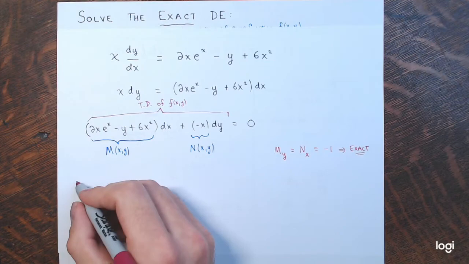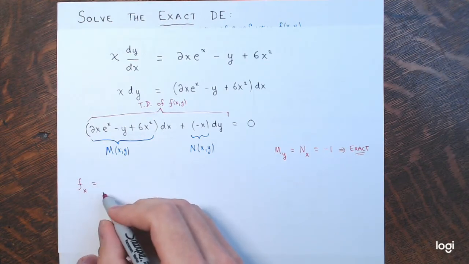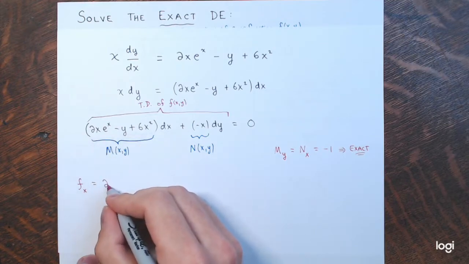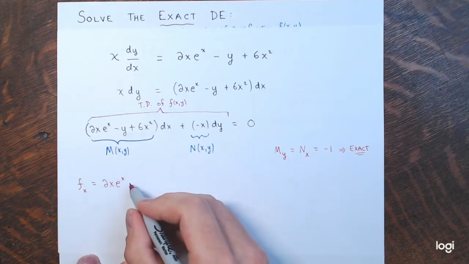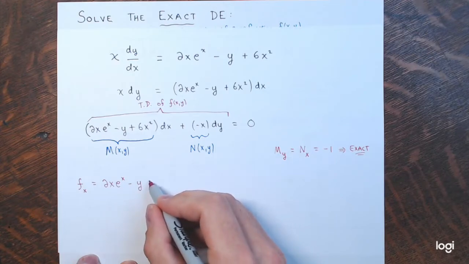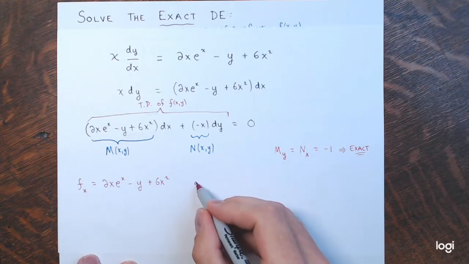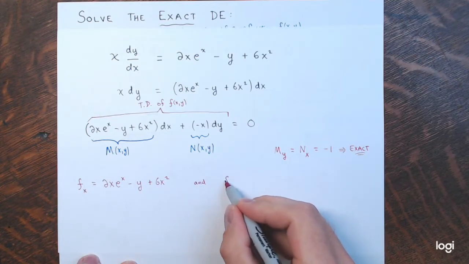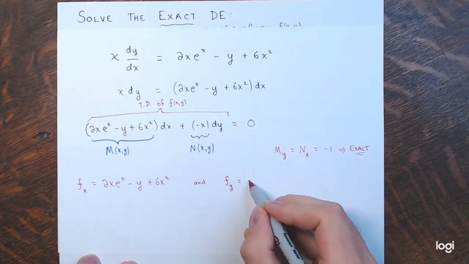And the partial of f with respect to x, f sub x here, should be this 2x times e to the x minus y, and then plus 6x squared. And the partial of f with respect to y would be this negative x.